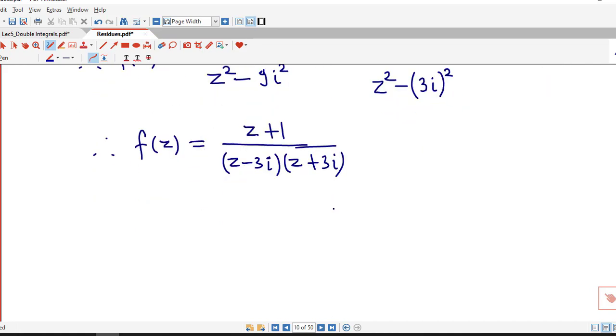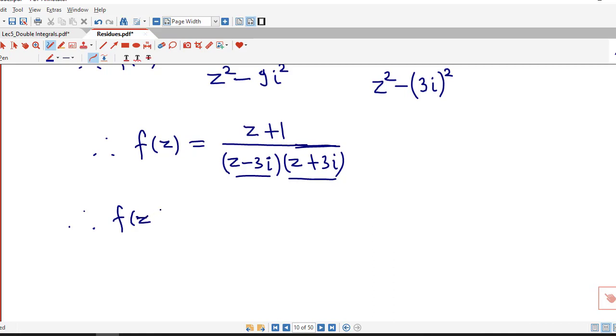So this is a rational function, and we know that this function is not analytic at these two points where the denominator becomes 0. Here at z equal to 3i we have 0 in the denominator, and at z equal to minus 3i also the denominator becomes 0. So this function is not analytic at z equal to 3i and z equal to minus 3i, and clearly these two are isolated singular points.